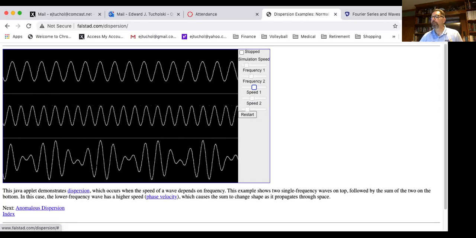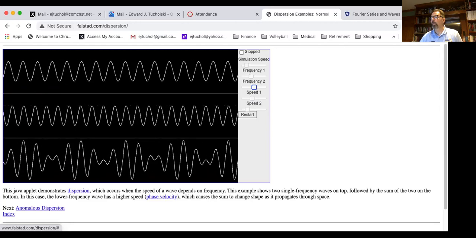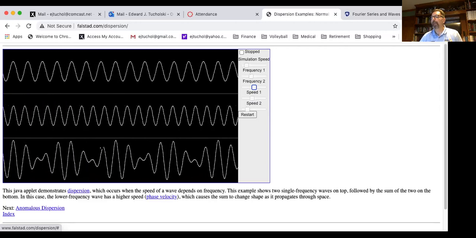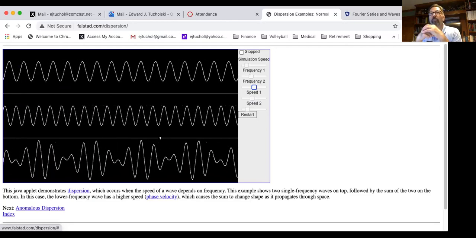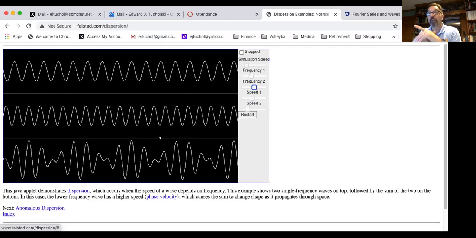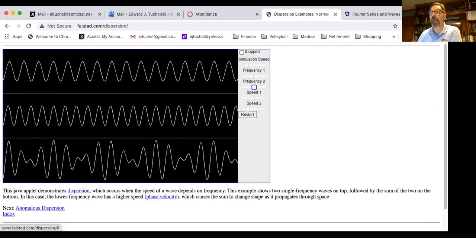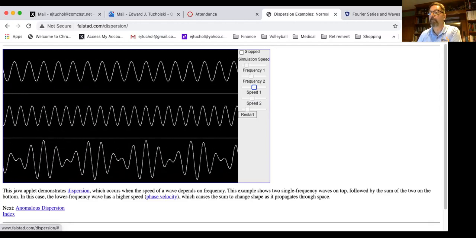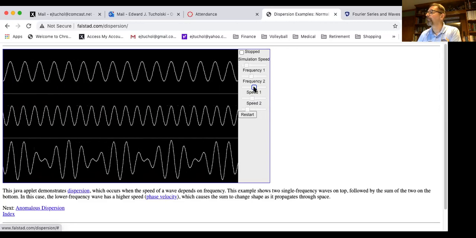You can see that the carrier, the sine wave itself, is moving at one speed, and the packet is moving at another speed. We refer to those two speeds as the phase velocity for the carrier, which is the average of these two velocities, and then the packet itself is moving at a different speed.